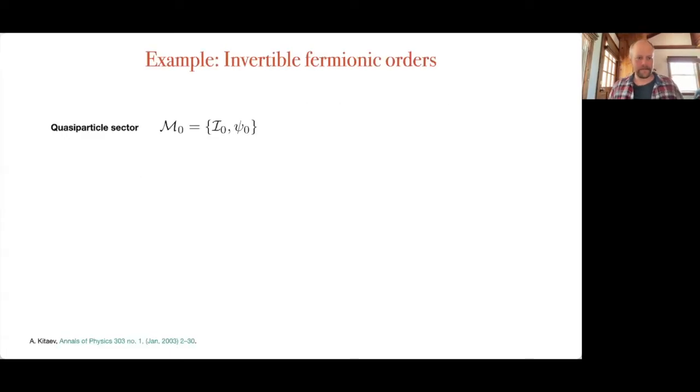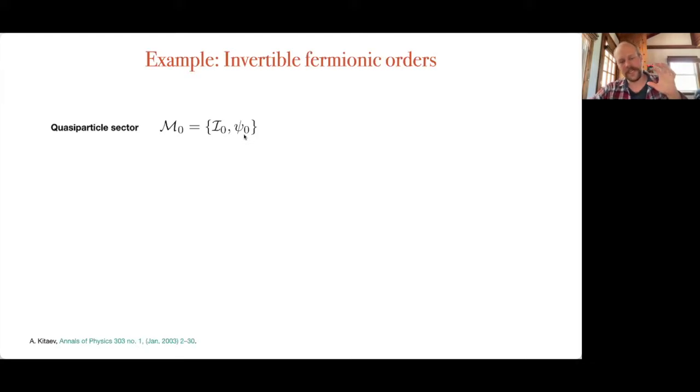Okay, great. So a very important set of examples for fermionic phases are the invertible fermionic orders. And an invertible fermionic order is defined in the following way. So the quasi-particle sector only has the trivial particle, the identity or the vacuum, and the fermion, which I'll call psi 0.